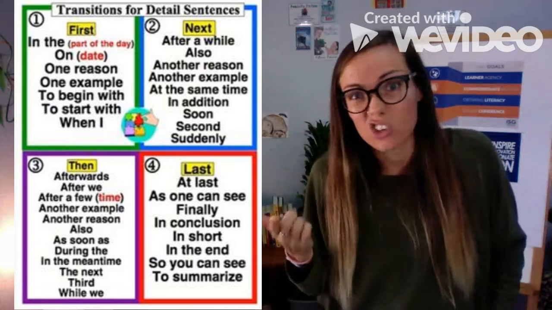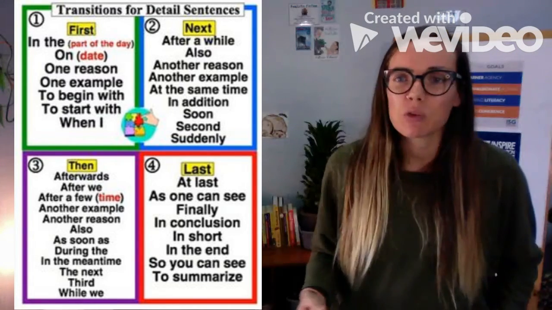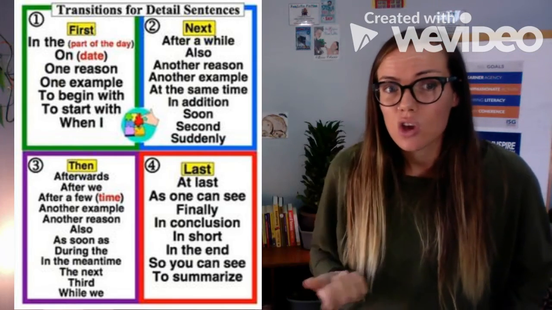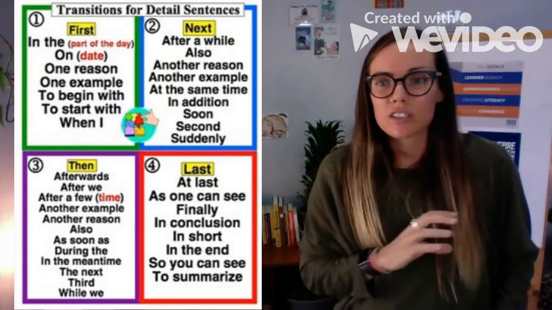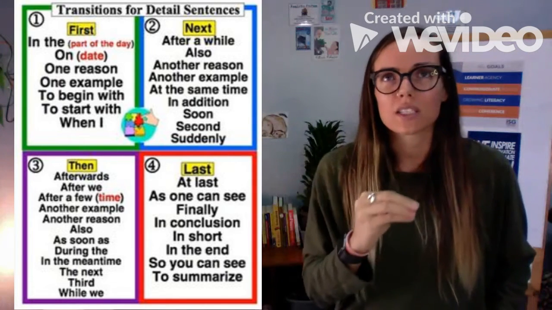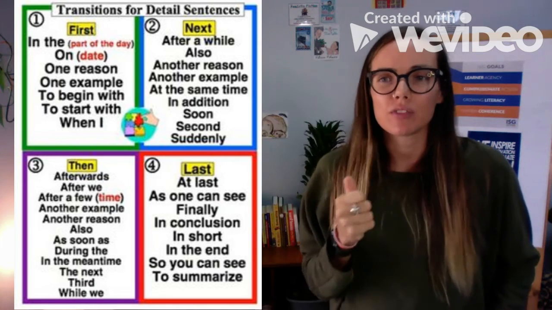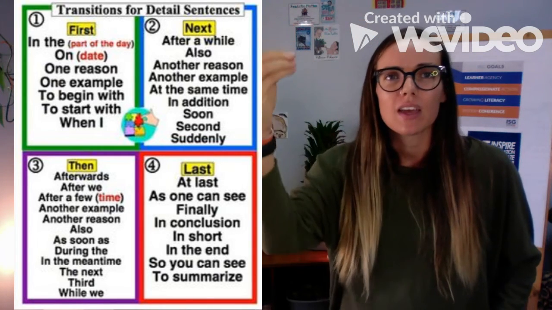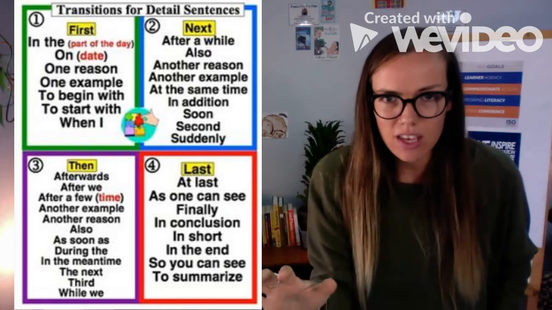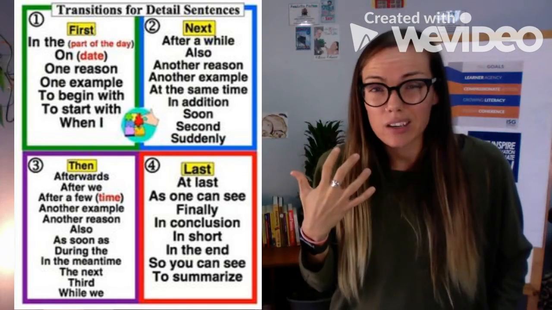You might see that in your conclusion. In the end, or so you can see, you might say to summarize, right? So these words are really helpful in identifying what part of the text you're in. And it's just so helpful to the reader to help keep all of the facts you're giving them. It helps to keep it organized in their reading brain.